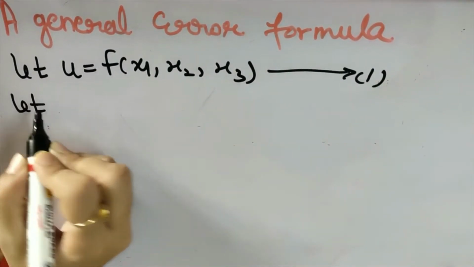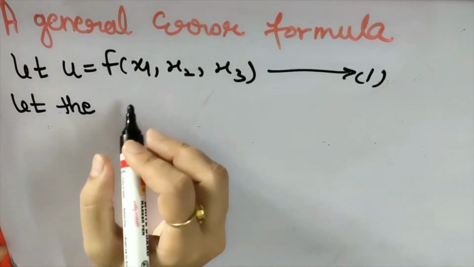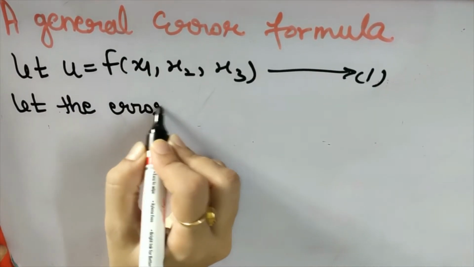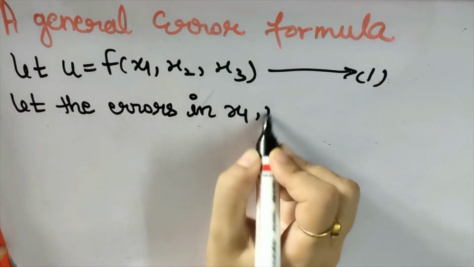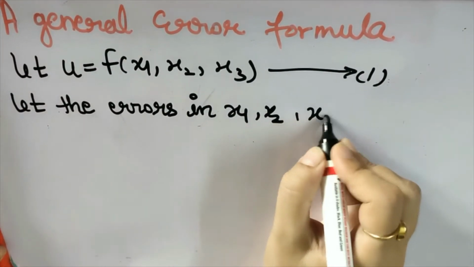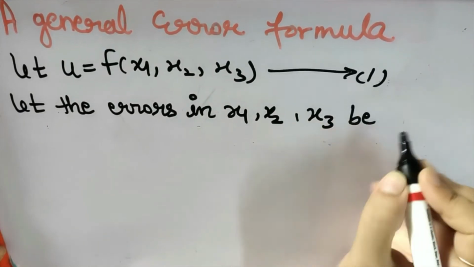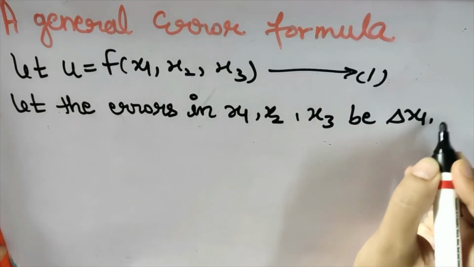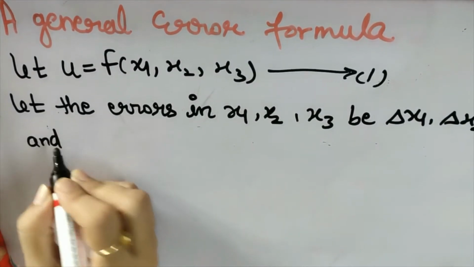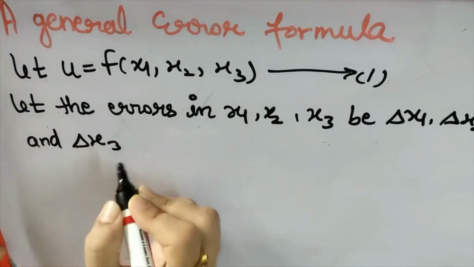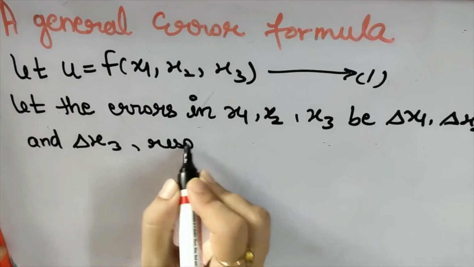Again, let the errors in x1, x2 and x3 be delta x1, delta x2 and delta x3 respectively.